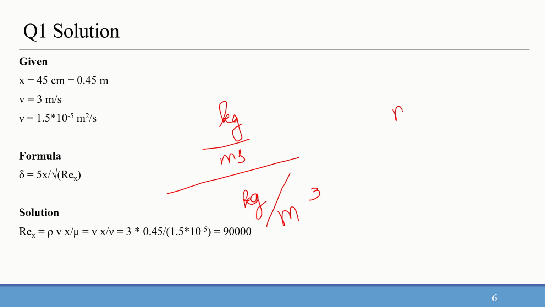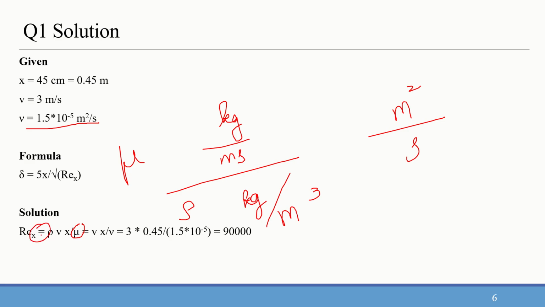So this becomes meter square by second. So this is the kinematic viscosity unit, and mu is kg by meter second, and this is rho, kg by meter cube. So mu by rho gives us nu.